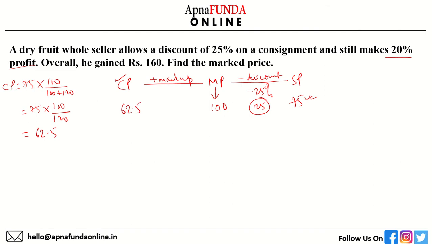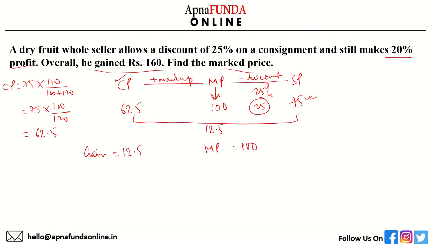So in this scenario, when we have taken the mark price as 100, there is a gain of 12.5 rupees. Overall, the wholesaler gained 160. We are required to find the mark price. Now it is very simple. So let's go step by step. When the gain is equal to 12.5, mark price is 100.